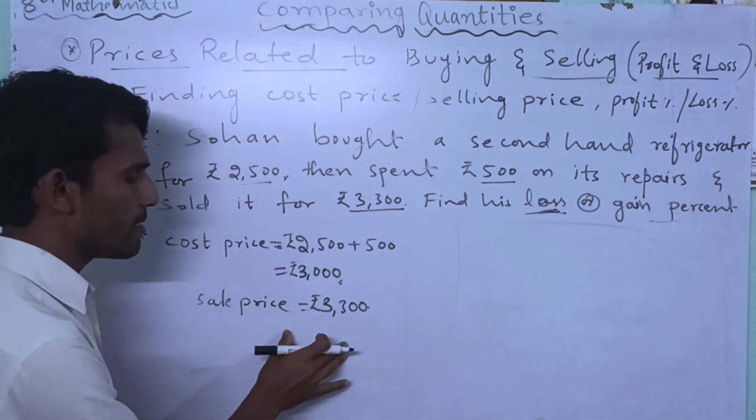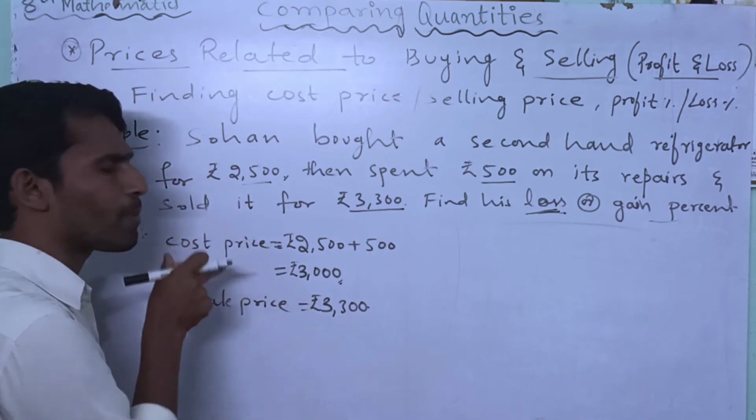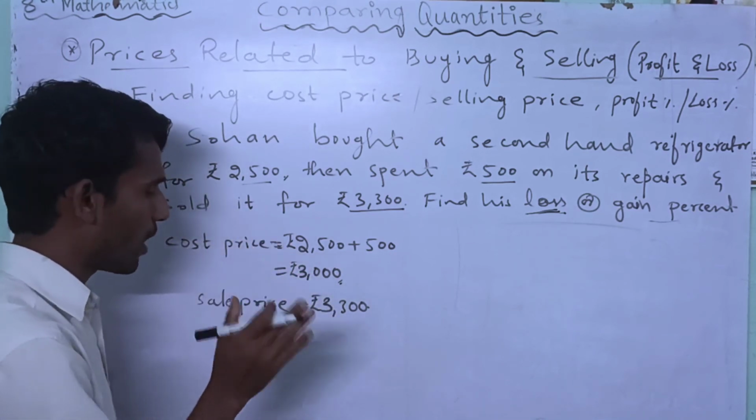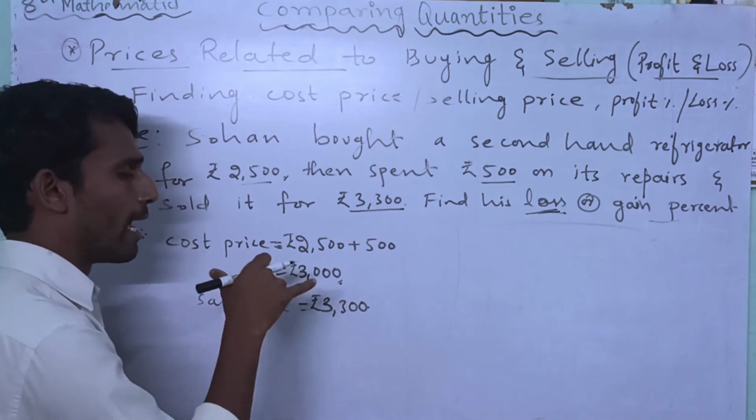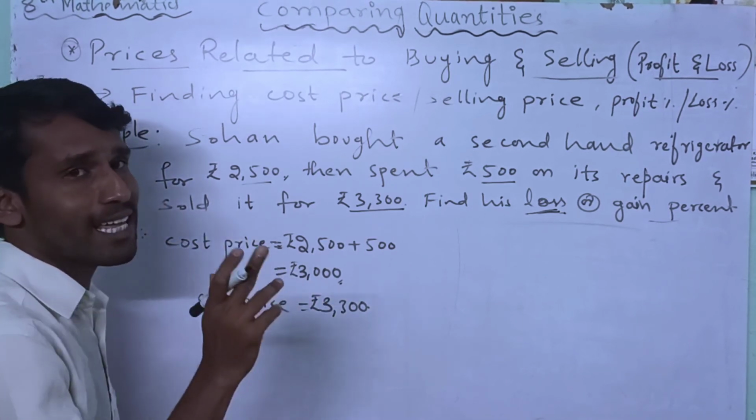If the selling price is greater than the cost price, that is a profit. If the selling price is lesser than the cost price, that is a loss.